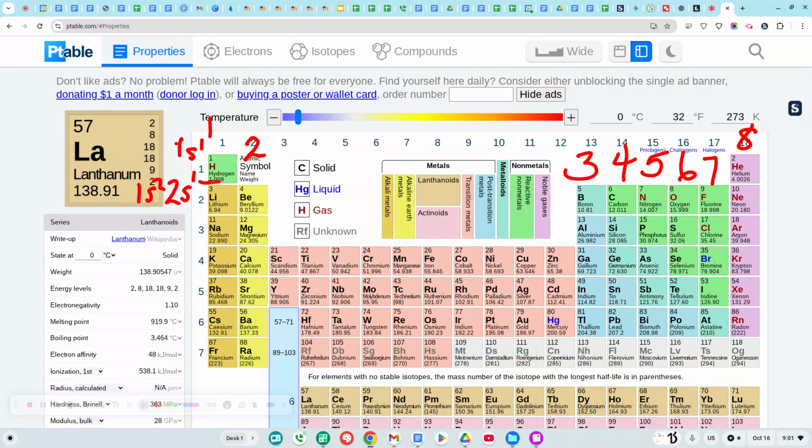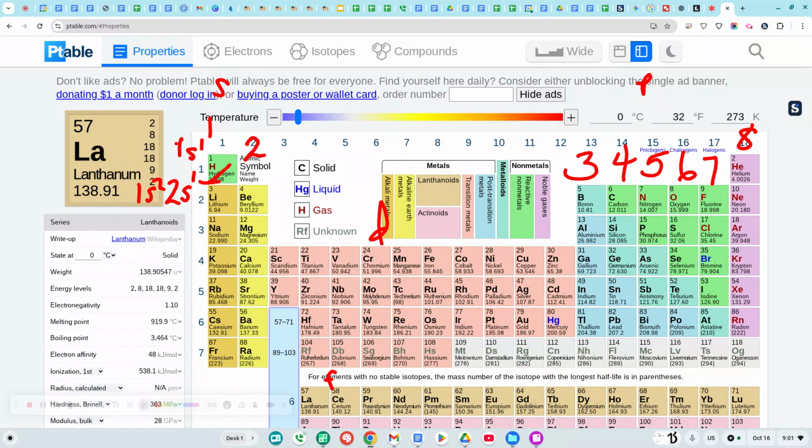We have the S, P, D, and F blocks down here, so we have to just count and fill each element as we go along.